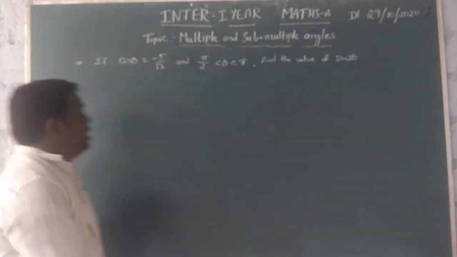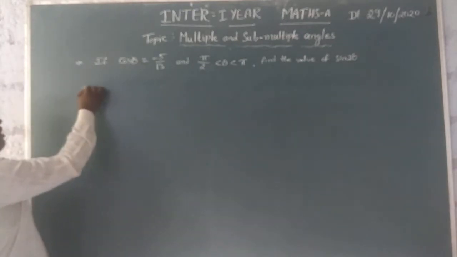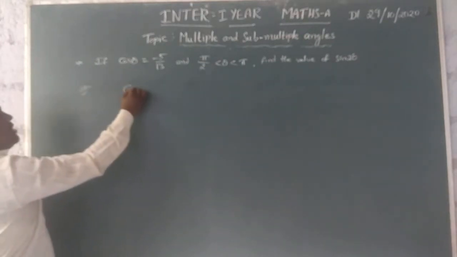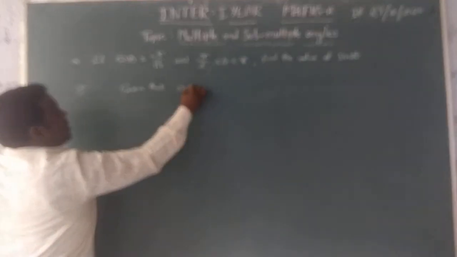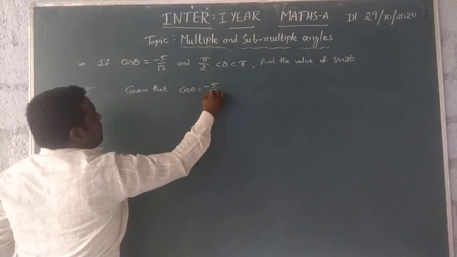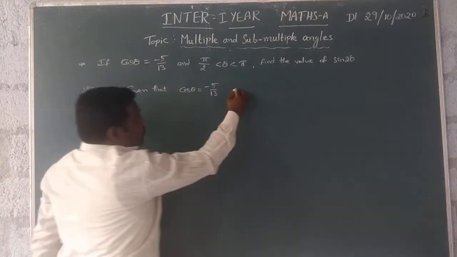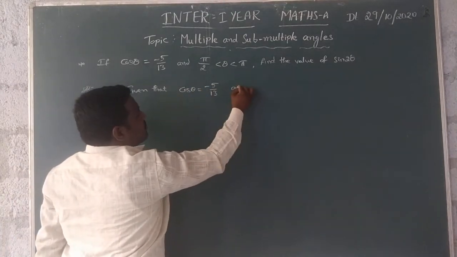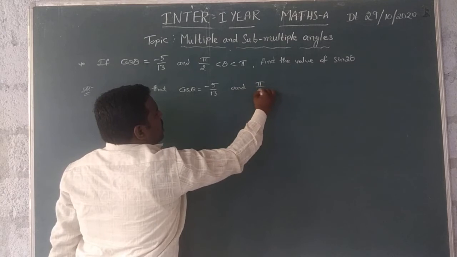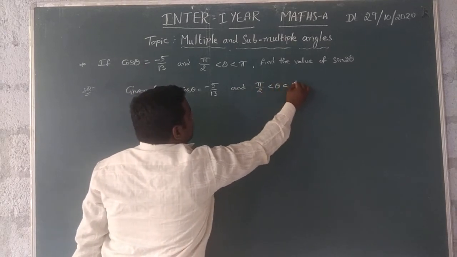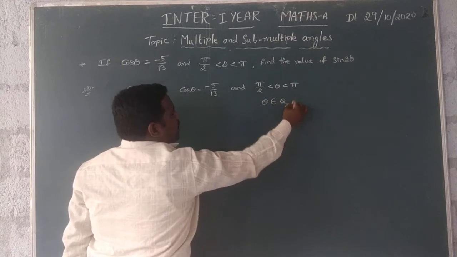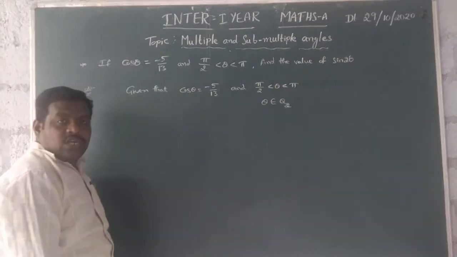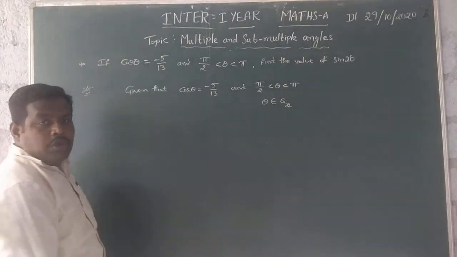That angle is in which quadrant? Second quadrant. So pi by 2 less than theta less than pi means theta belongs to Q2.